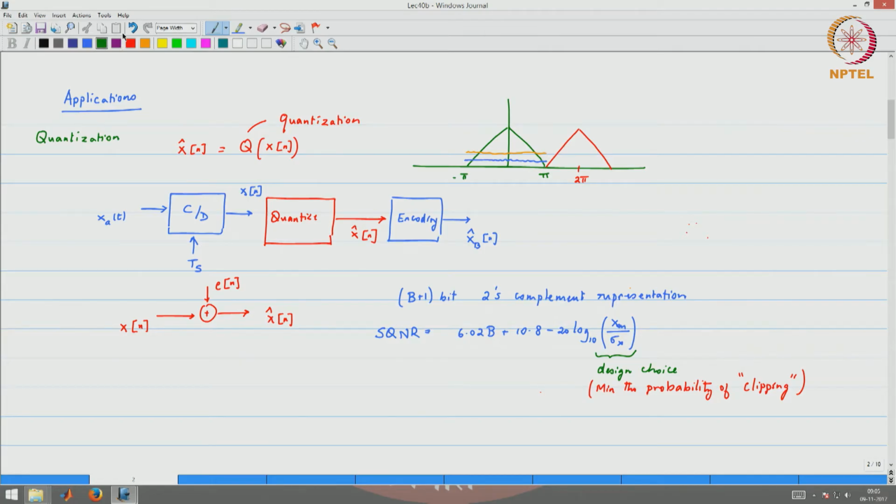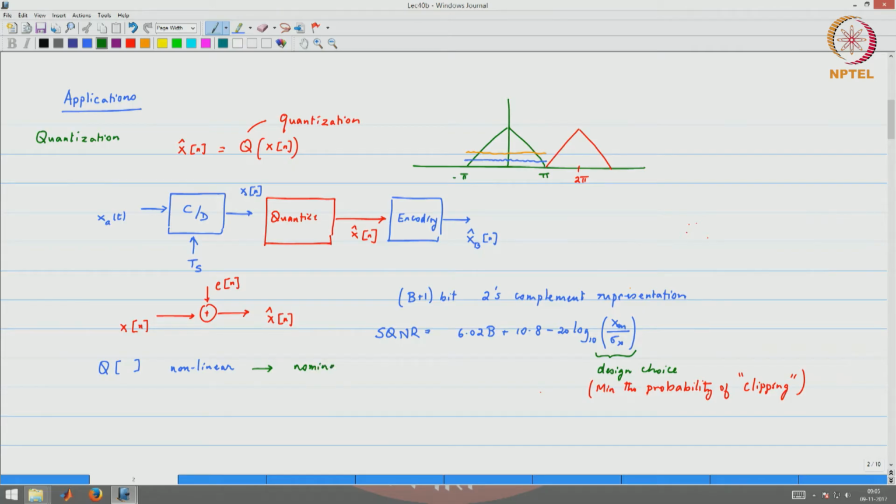Is quantization nonlinear as well? You quantize A, you get a certain value, you quantize B, you get a certain value, add them together and you quantize, you will get something totally different. So, it is not linear. So, quantization itself is a nonlinear operation. But we have come up with a linearized model where we said it is going to be in the range of operation that we call the nominal operating range.